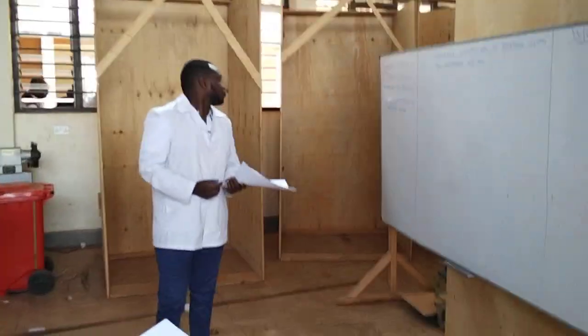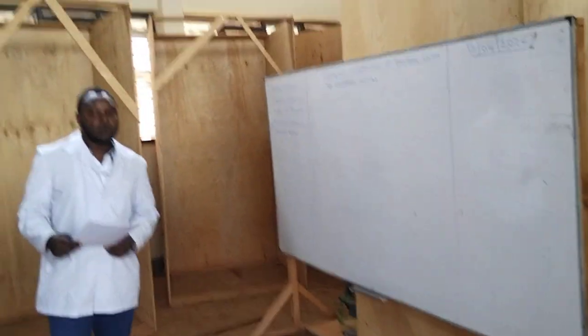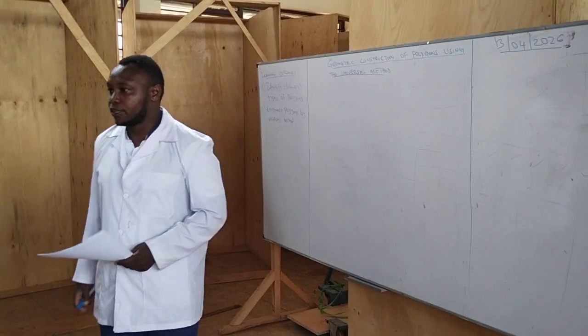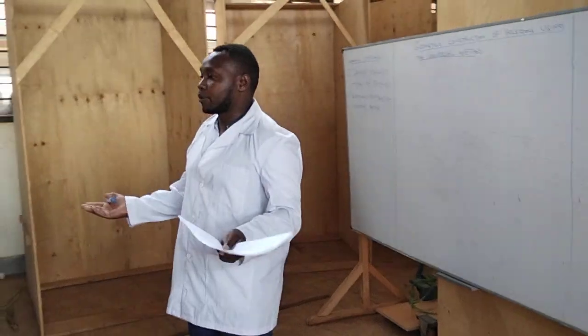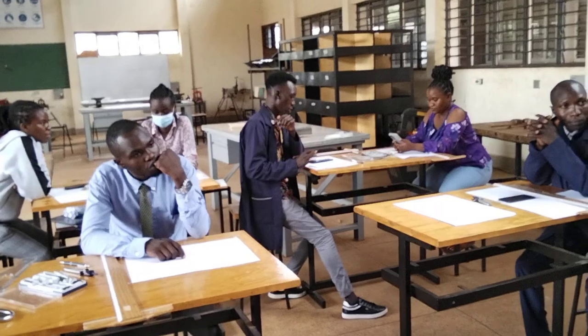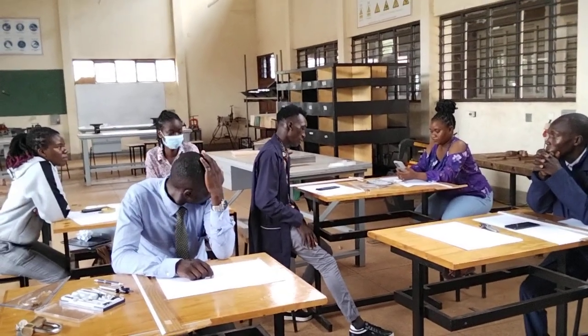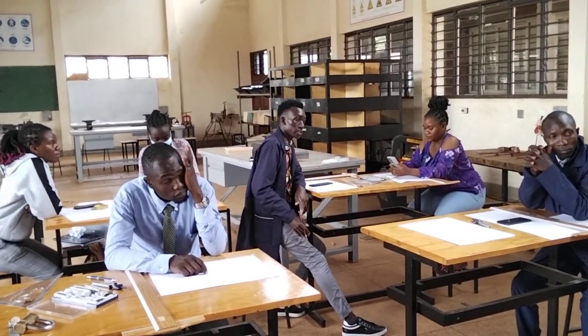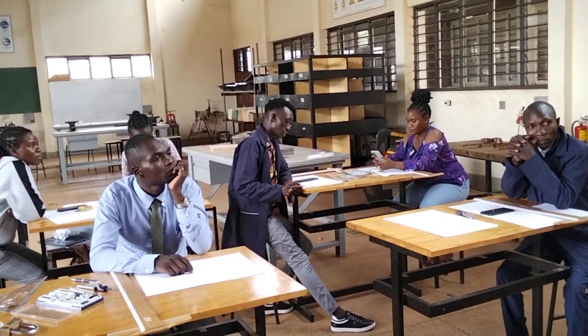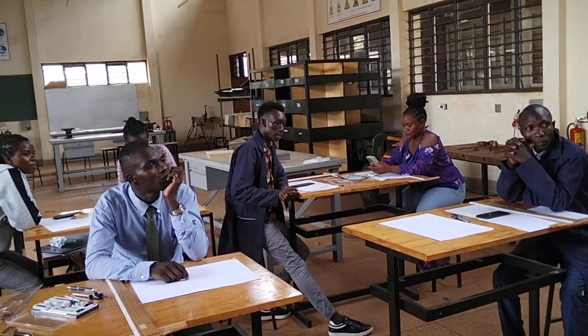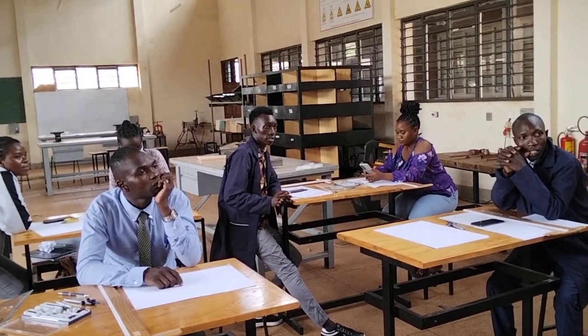Now, if I may ask, what is a polygon? Have you come across a polygon? Yes, Victor? It is a 2D shape made up of straight sides. Yes. Can you clap for him? So I can give you mine.